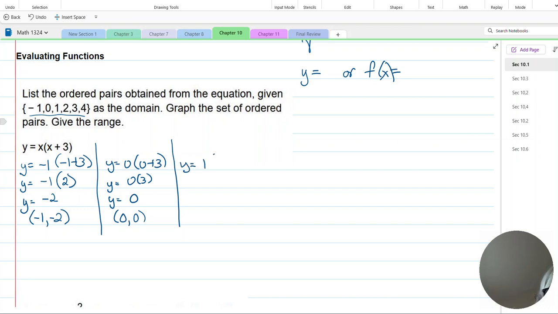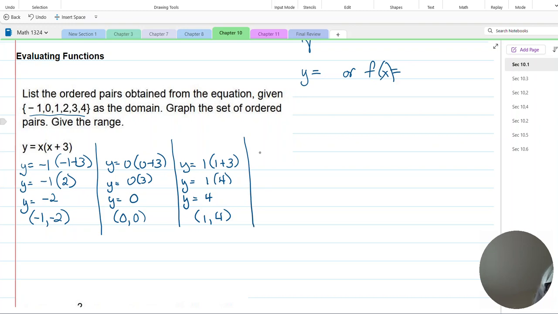Y equals 1(1 + 3). That's 1 times 4. So y is 4. All right. Checking my math, making sure I haven't made an error, and I haven't.